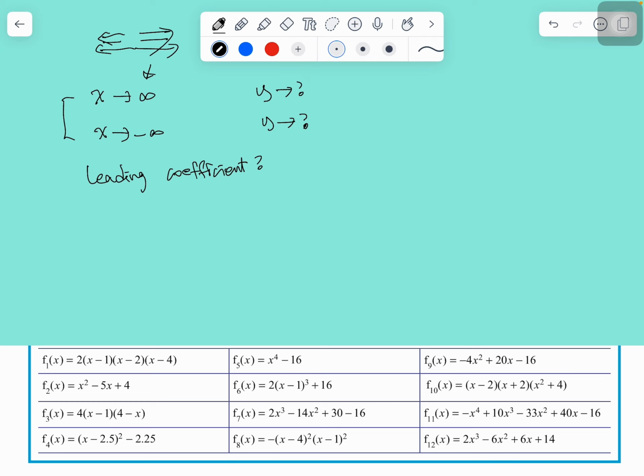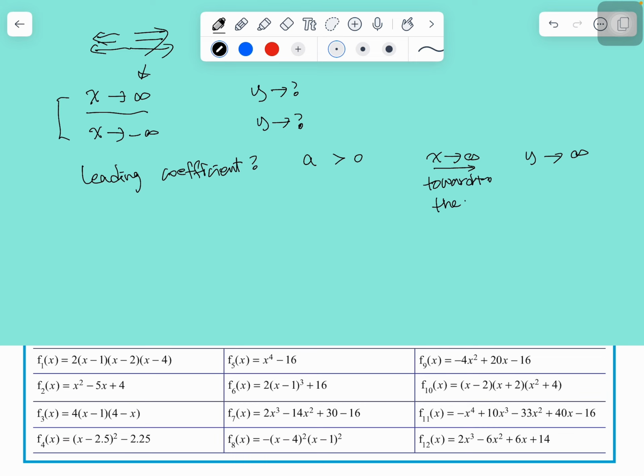When the leading coefficient, let me call it a, is positive, then the end behavior when x goes to infinity is always defined: y always goes to positive infinity. X goes to infinity means towards the right side, and y goes to infinity means upward.